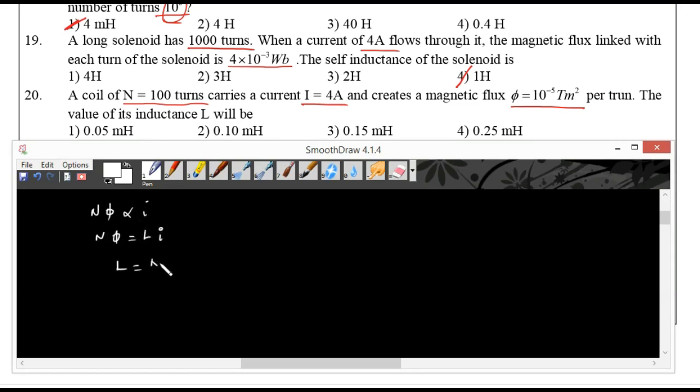L is equal to N phi by I. N is 100 turns into phi is 10 power minus 5 by 4, that is 1 by 4 into 10 power minus 3, that is 0.25 millihenry.